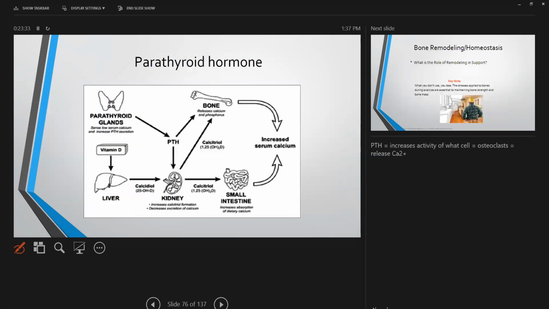How does parathyroid hormone work with all of this? Well, the parathyroid gland is going to monitor serum calcium levels. And as those calcium levels decrease, then the parathyroid gland is going to kick out parathyroid hormone, which will regulate calcium release and phosphorus release.